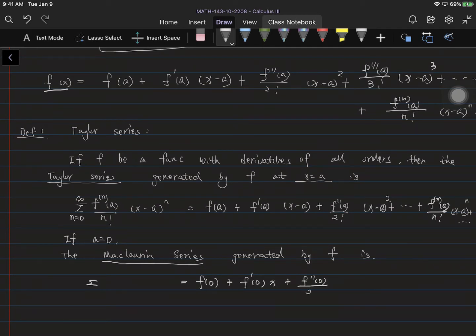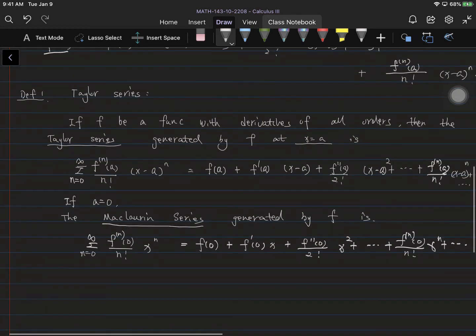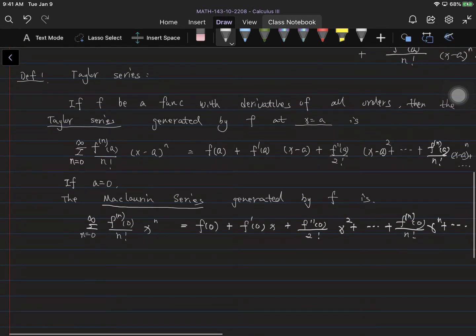Just make all the a equal 0. Some notation is the nth derivative of f at 0 over n factorial times x to the power n, n starting from 0 to infinity. Okay, so we have two power series, one centered at a, one centered at 0.